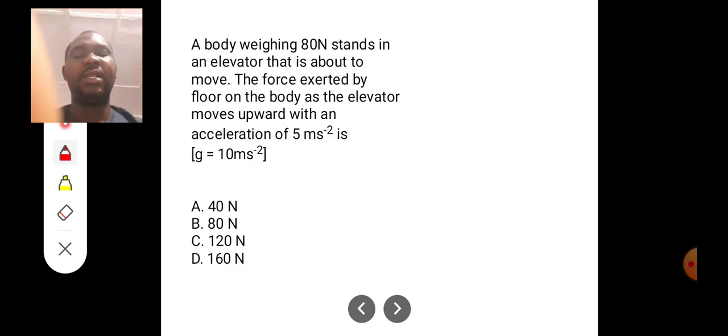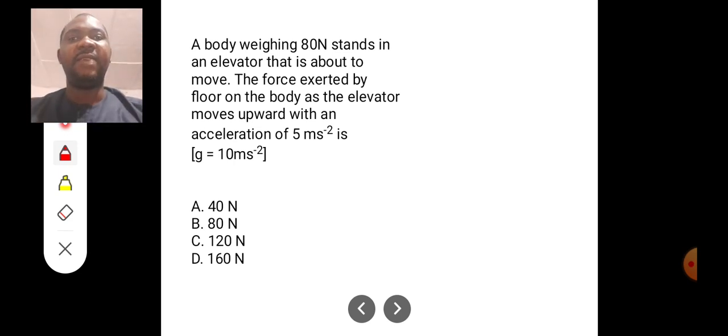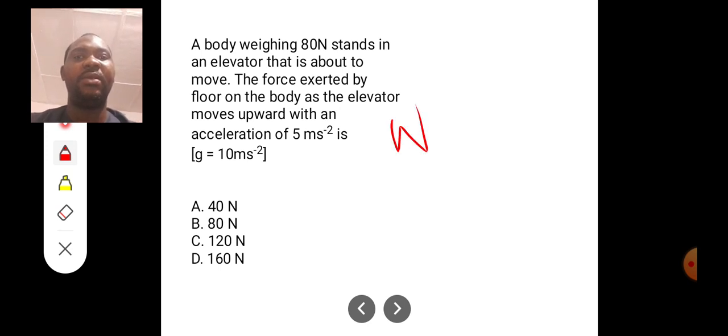Then the next one says a body weighing 80 newtons stands in an elevator and is about to move. The force exerted by the floor on the body as the elevator moves upward with an acceleration of 5 meters per second squared is, that's still talking about the apparent weight. Since it is moving upwards, your apparent weight W will be m into (g plus a).